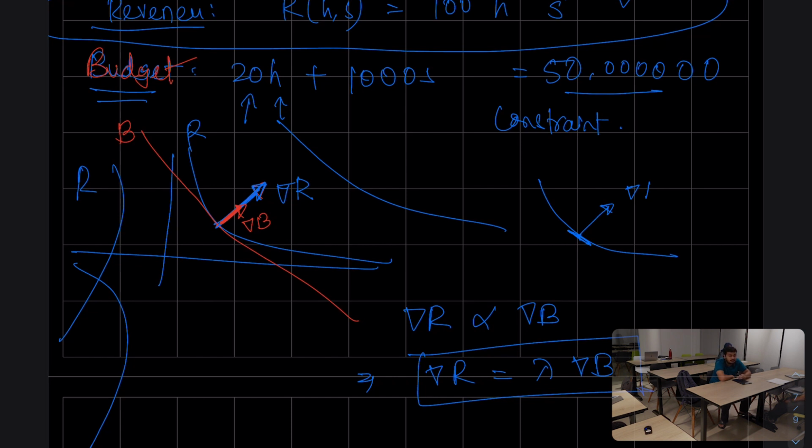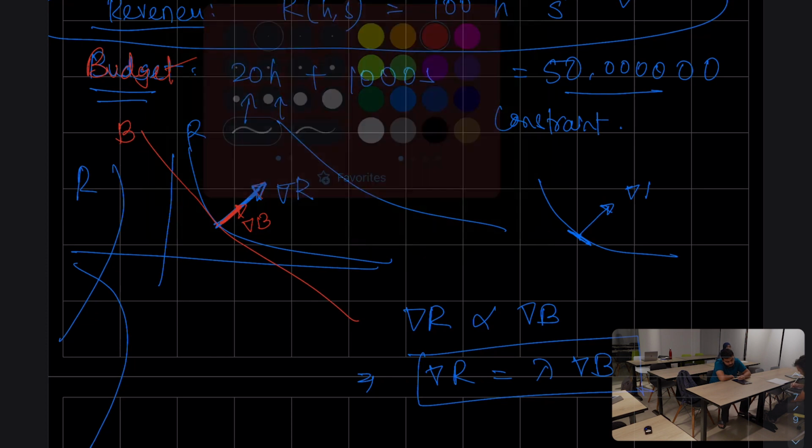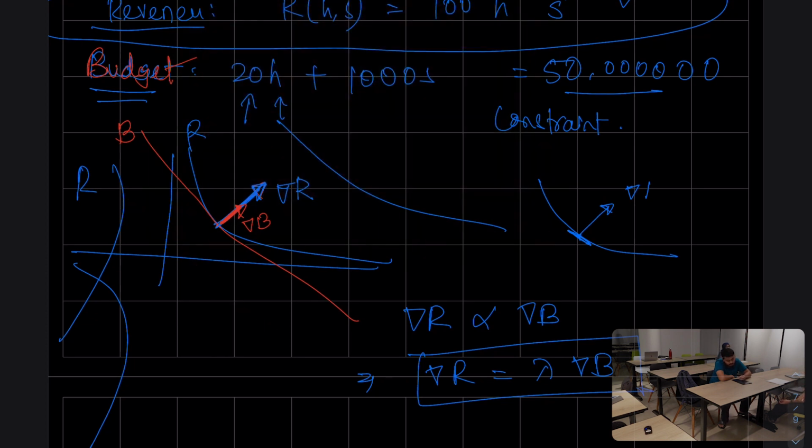Why do you want it to be tangent? Why are we not worrying that we can have this? Why are we not looking for that kind of thing? Maximization the budget.